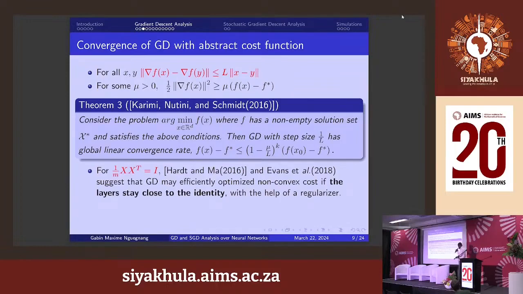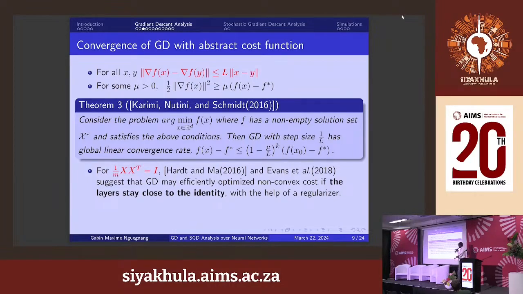Later on, Arora and his collaborators tried to address a typical neural network by considering what is usually called in the literature whitening data. By whitening data, they mean that if you multiply the data times its transpose, where M is the number of data points in your data set, and this is equal to identity, you say your data is whitening.